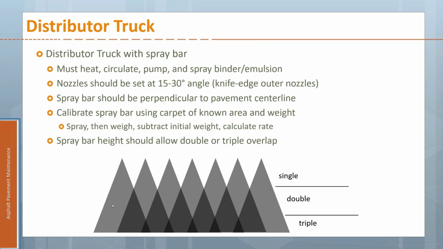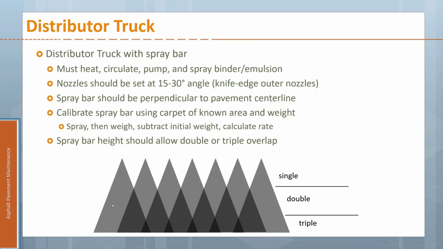Now the spray bar should be at a height above the surface that's going to allow for at least double, if not triple, overlap. And what I mean by that is shown in the diagram, where you've got the little triangles of the spray that fans out from the nozzle, and you've got lots of different nozzles. So those should be twisted and fanned so that the ones that are sitting next to each other are definitely going to have some overlap.